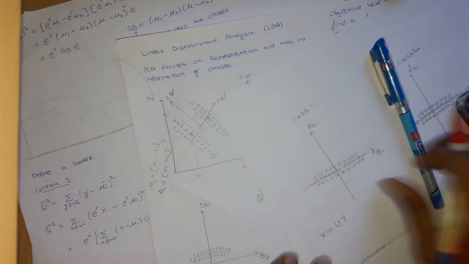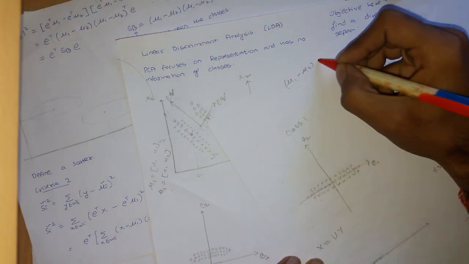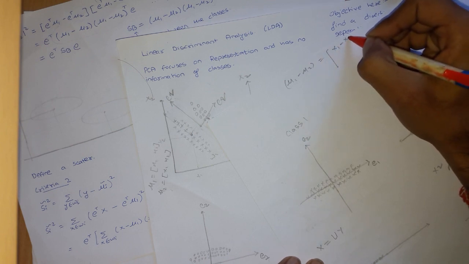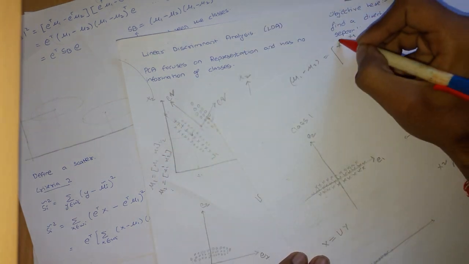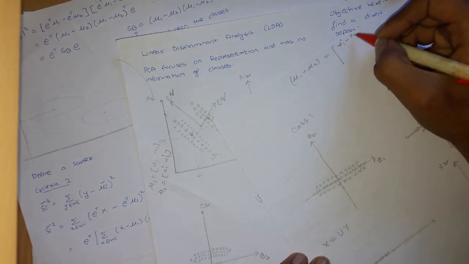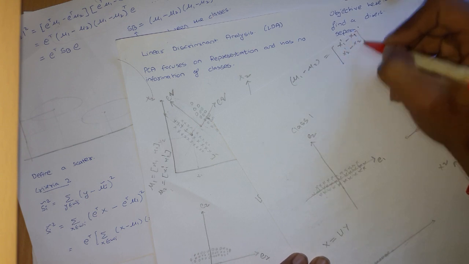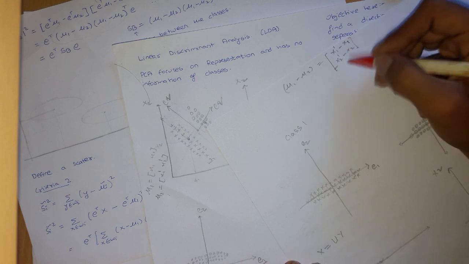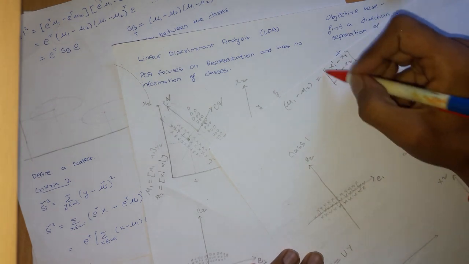So we can have mu1 minus mu2, which is again a vector: x1 dash minus x1 and x2 dash minus x2, where the dash denotes the other mean's coordinate. So this is what we do as Euclidean distance. You can see that this is a vector.